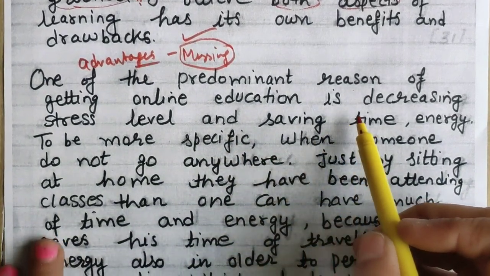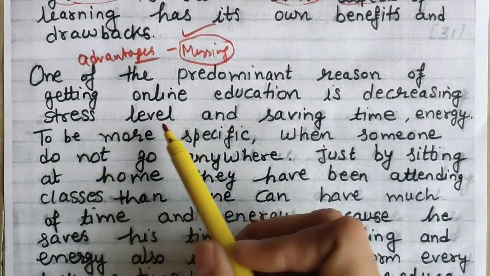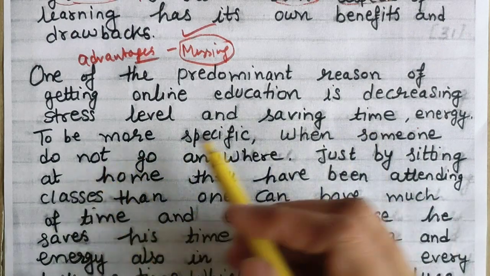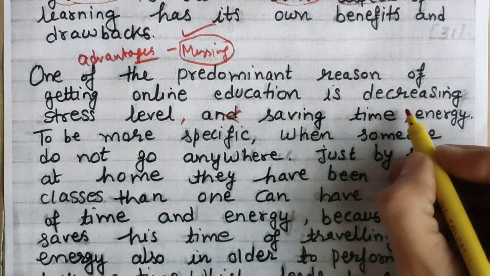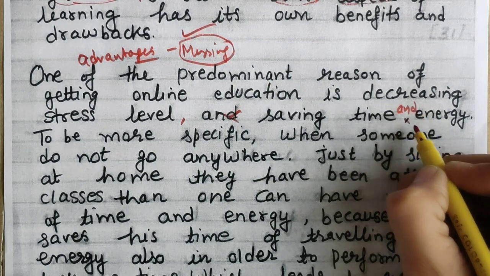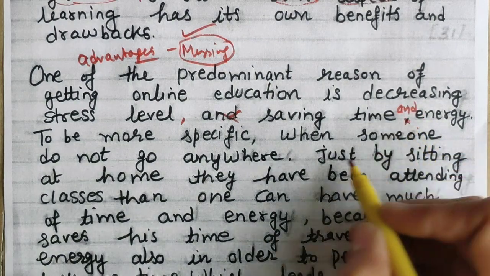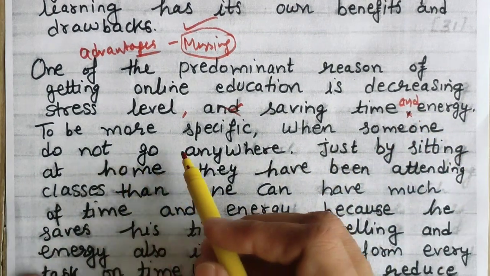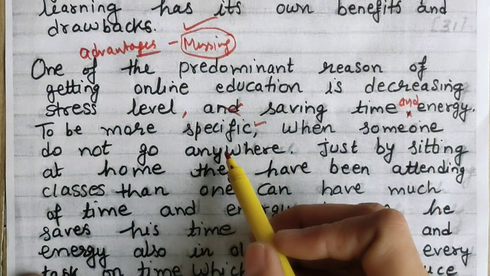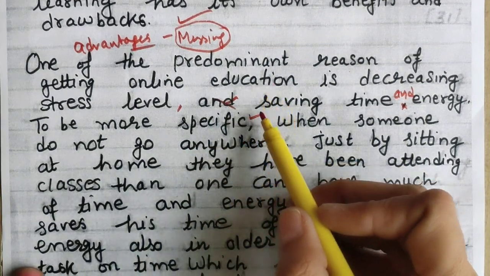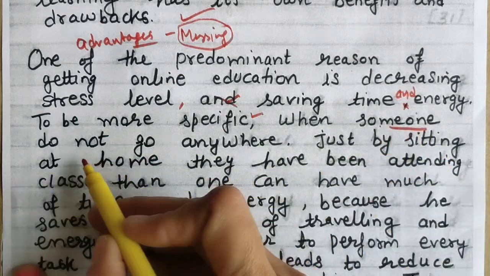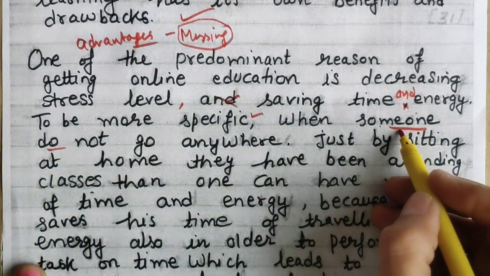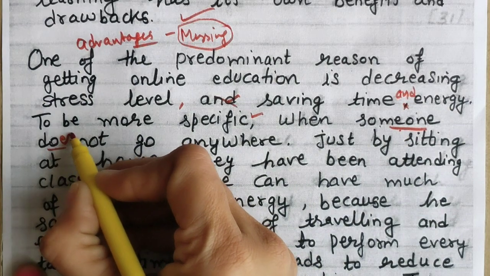Okay, let's read her paragraph. Education is decreasing stress level and saving time, energy. Saving stress levels, saving time and energy should be there, and the comma should not be there. To be more specific, very good, she has given clarity about the first idea. When someone do not, someone is one single person, so here "does not" should come.